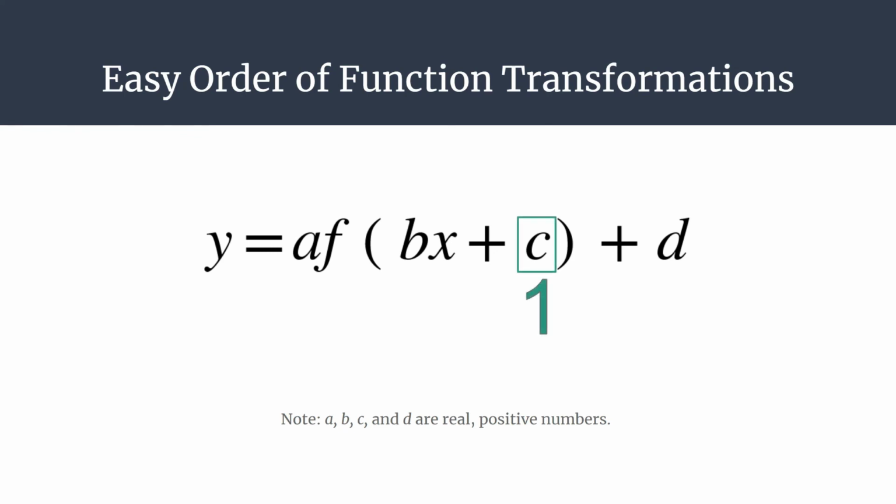So first, you should start with whatever your C transformation is, so your horizontal shift, then your horizontal stretch or compression, then move on to your vertical stretch or compression, and finish with your vertical shift up or down. Okay, so that incorporates the solving order for your horizontal transformations, and then your PEMDAS order for your vertical.